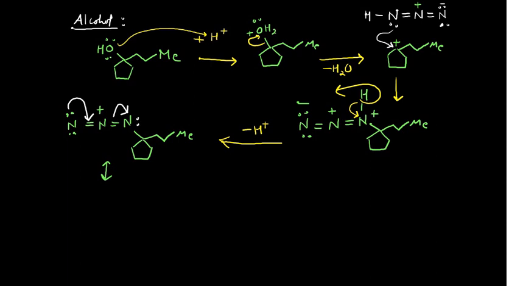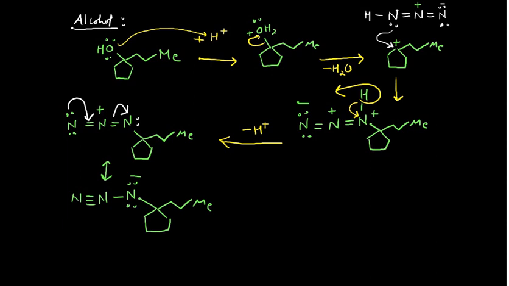So the resonance structure would look like nitrogen, triple bond nitrogen, single bond nitrogen, and this would now have an extra negative charge, and it has this 5-membered ring, right, methyl is there.